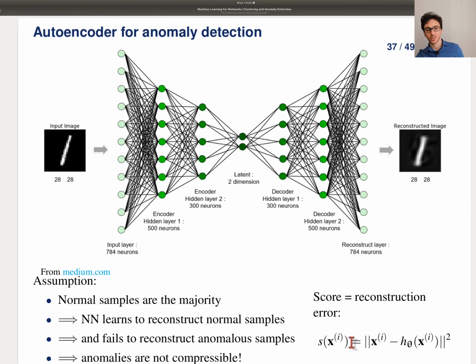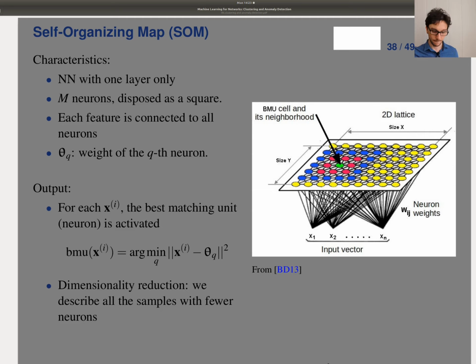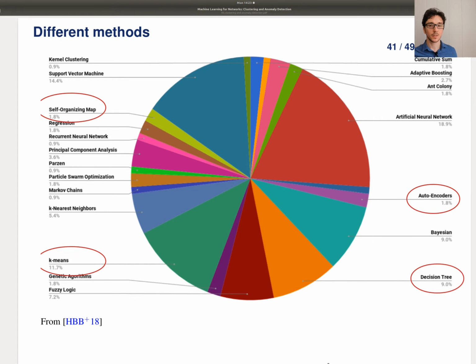So with autoencoders, we define the anomaly score as simply the reconstruction error. And then once we have the anomaly score, we can plot again the ROC curve, precision recall curves, etc. We will skip it.